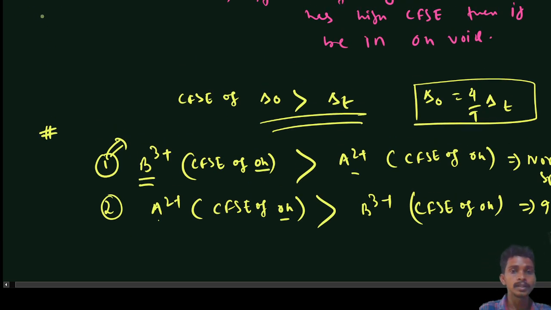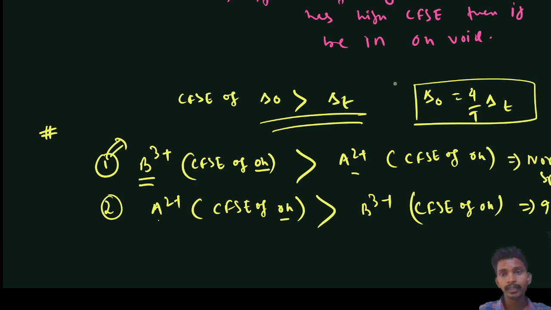Okay, so why are we checking only octahedral CFSE, not tetrahedral CFSE? Because first, we understand that delta naught is very much greater than delta T, nearly double. Okay, and whenever we compare, let's say I am comparing a B3+ cation and an A2+ cation, first I am taking the octahedral case here, and here also I am taking the octahedral case.